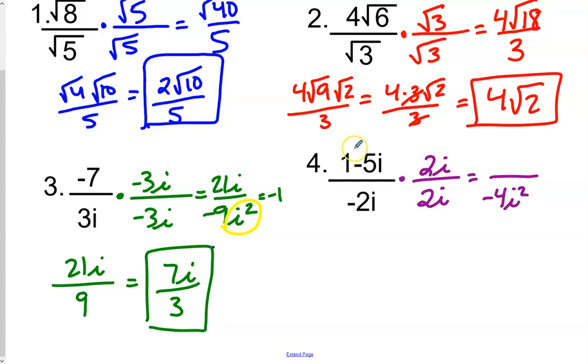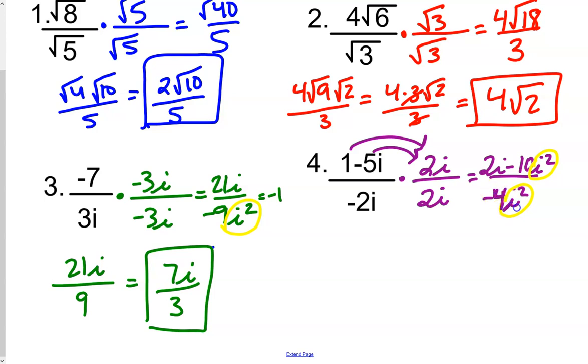Our numerator, we're actually going to multiply both of my pieces by 2i. So I'm going to have 2i and then -10i squared. This time, our i squared pops up in 2 different locations.